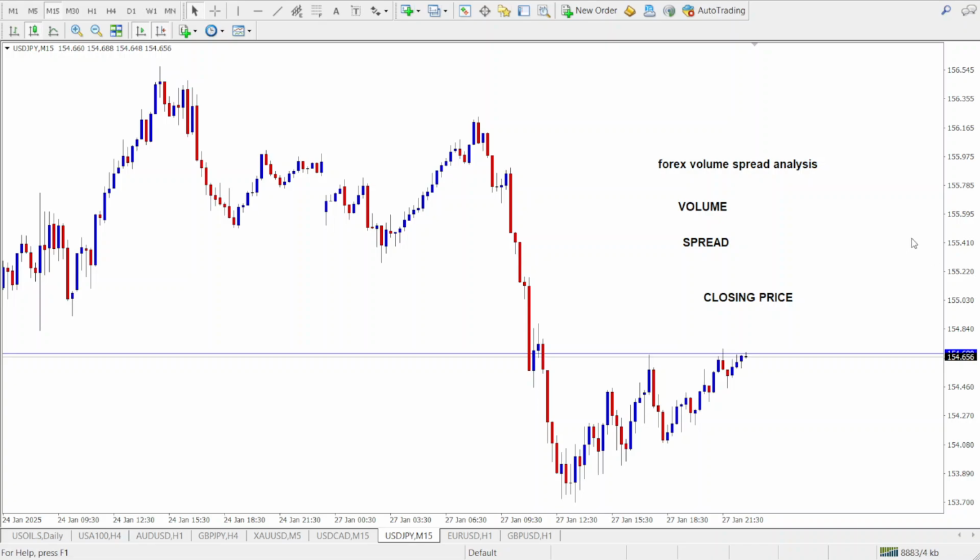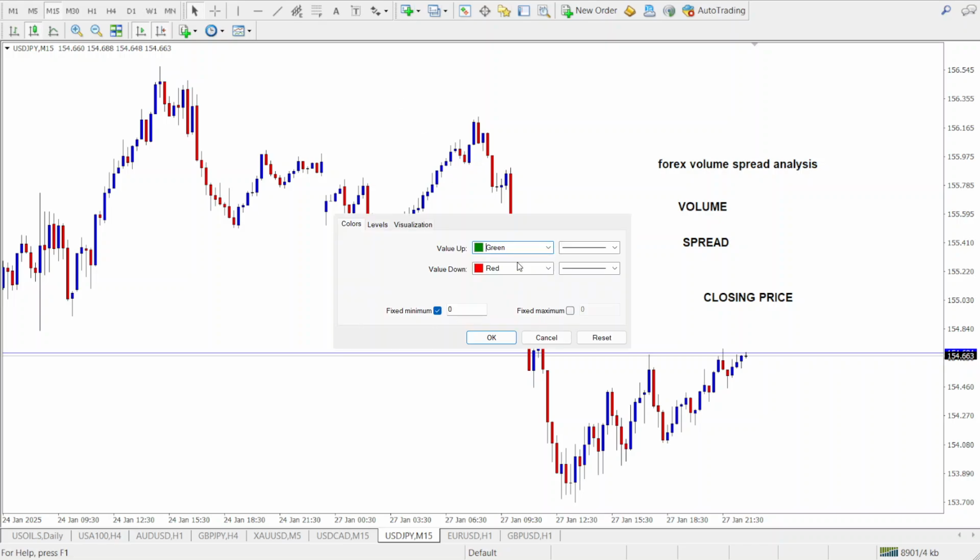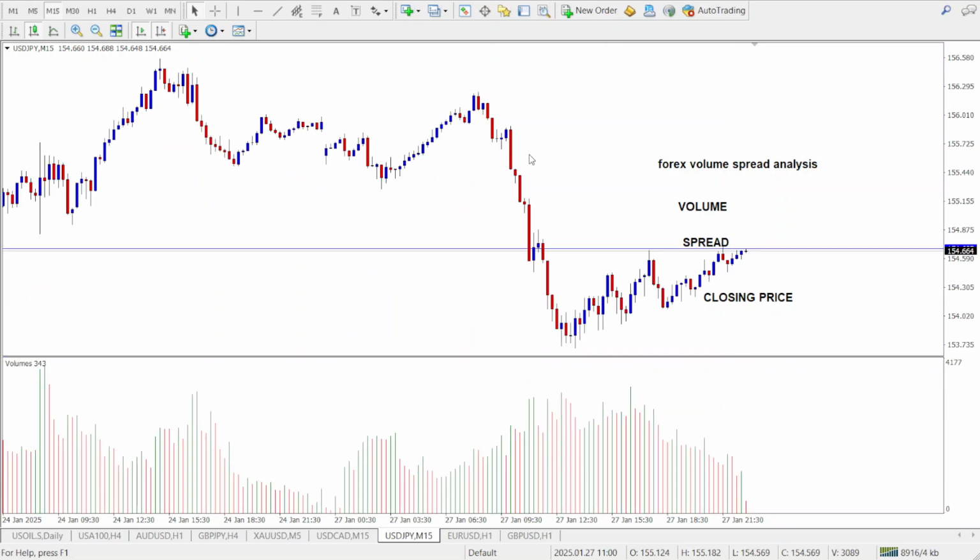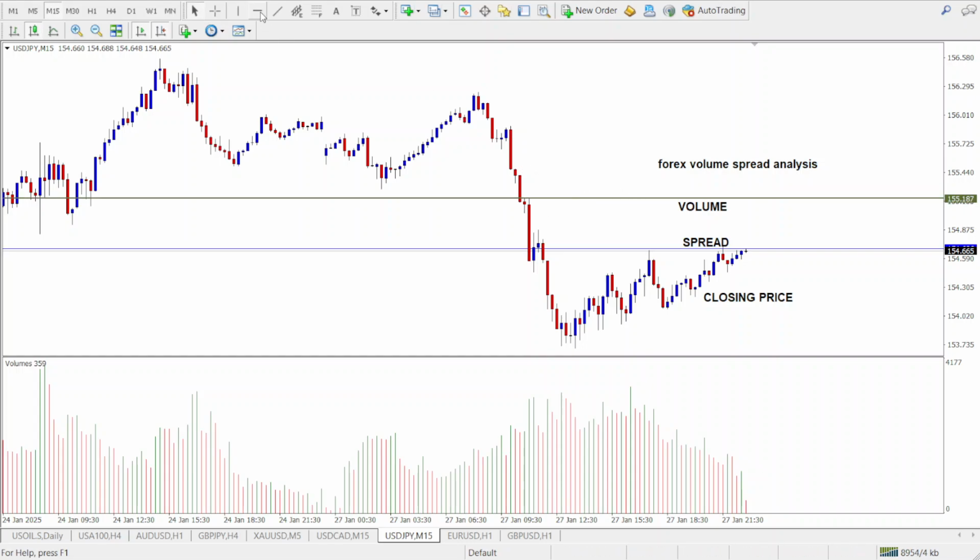So for example, I'm just going to add the volume indicator to the chart so that we can use that to track volume. Remember that I said the spread refers to the range of a candlestick, the difference between the high and the low. The high is of course the highest point, while the low is the lowest point.